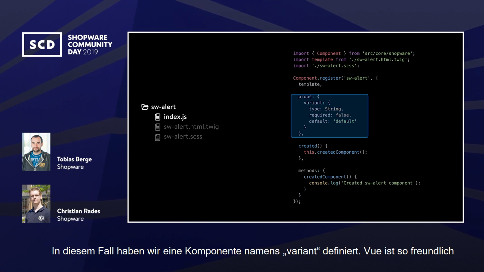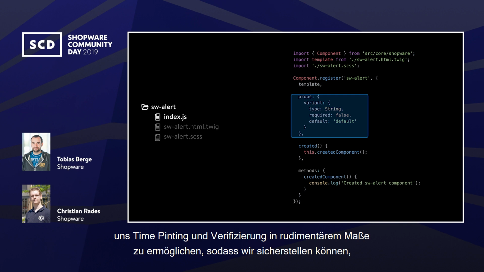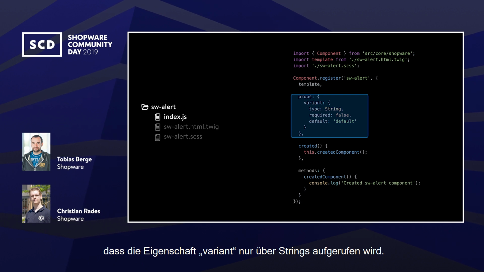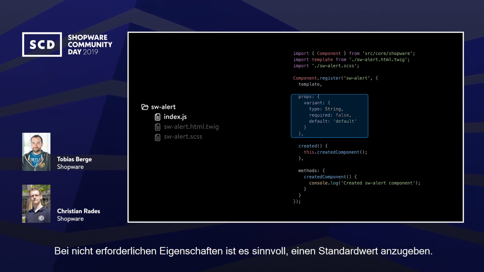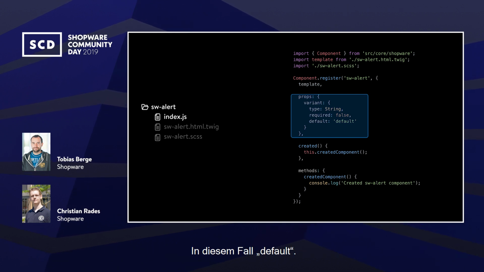And Vue is so kind and enables us some rudimentary type hinting and verification, so we can make sure that the variant prop gets only called with strings, and we also said that it's not required. So for non-required properties, it's a best practice to give a default, in this case, well, default.